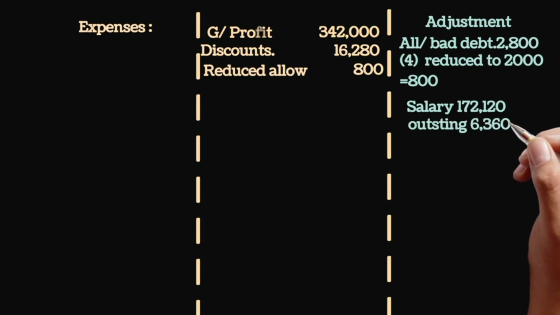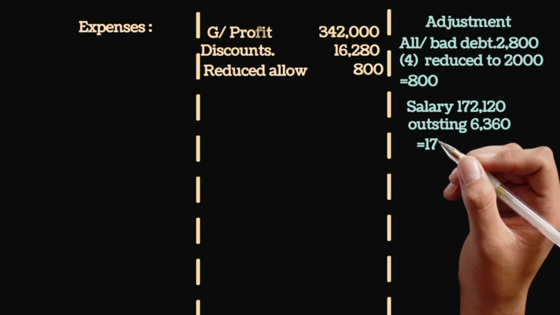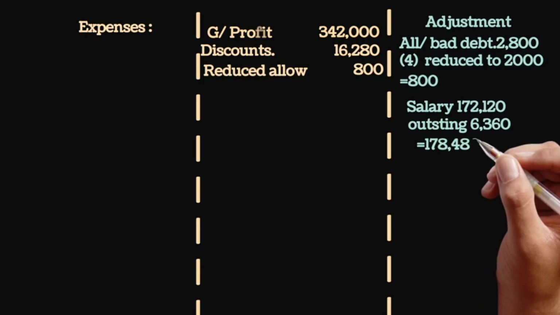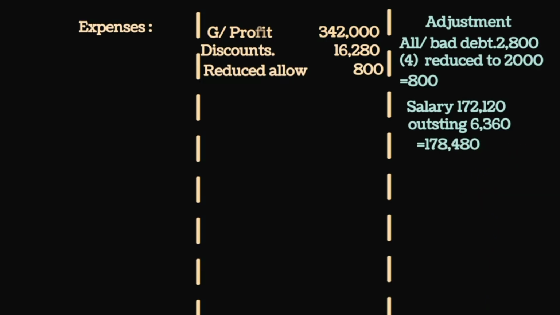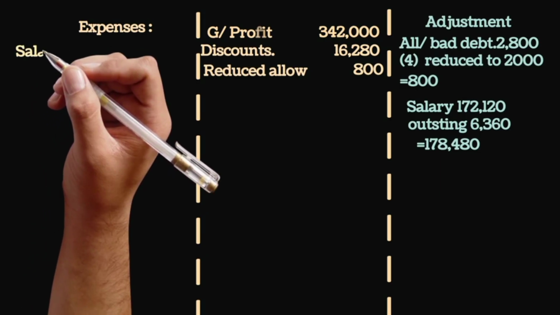So we proceed to the expenses side. The first expense we are going to take is salary. The value of salary in the trial balance is 172,120. But there is an outstanding salary in the adjustment section. Outstanding salary is 6,360.